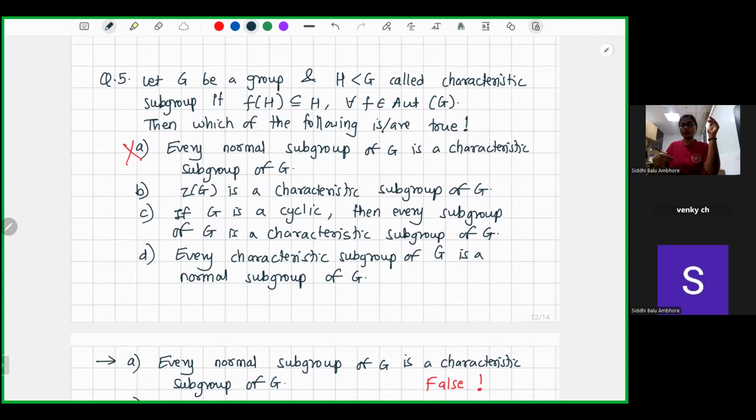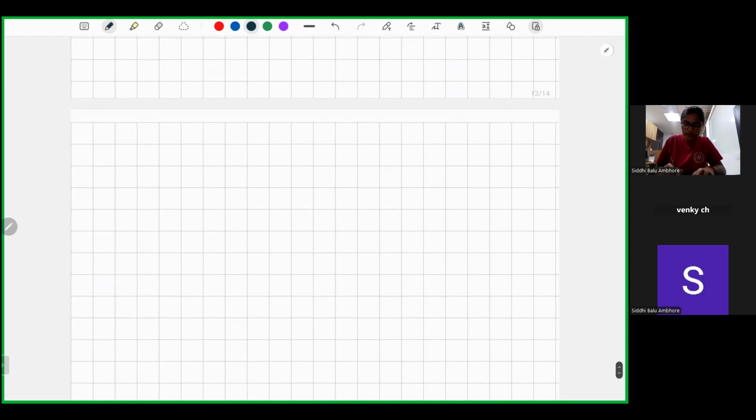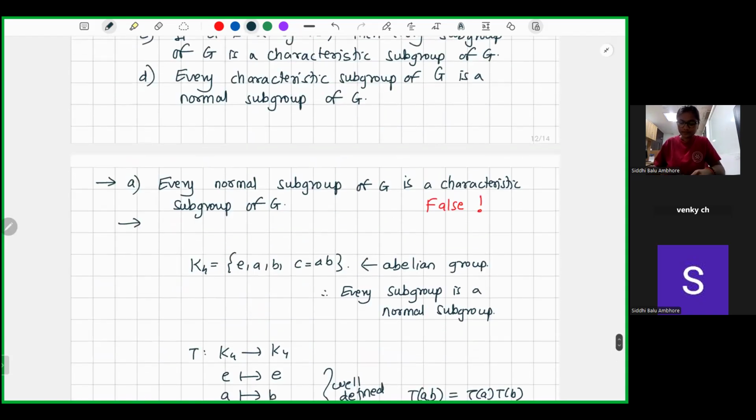Okay, so what we will do is we will try to prove D, that every characteristic subgroup is a normal subgroup, and then we will go to the B part. Okay, so let us try to prove the D part first. Wait, I think what I said is not correct, but let us try to prove the D part first.